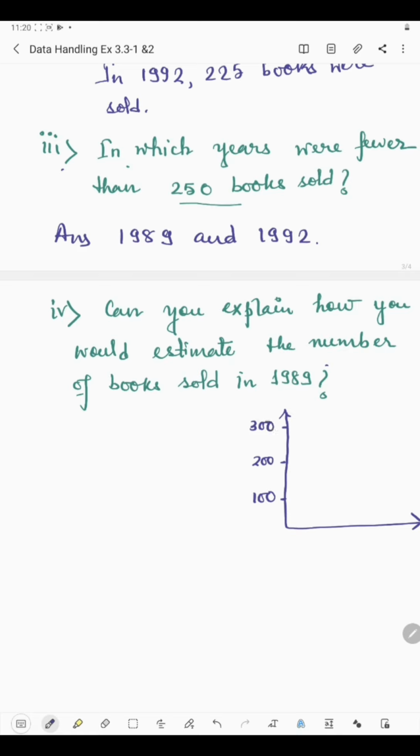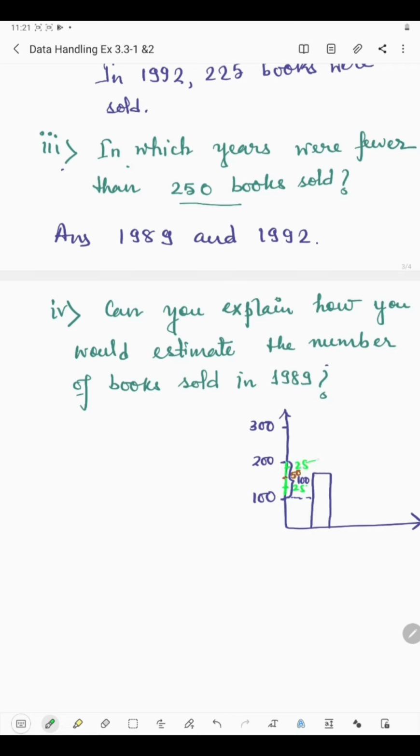Now the bar of 1989 is showing up to this. Here it is showing 100. From here to here is 100. Half of 100 is 50. And half of 50 is 25, and half of 50 is 25.